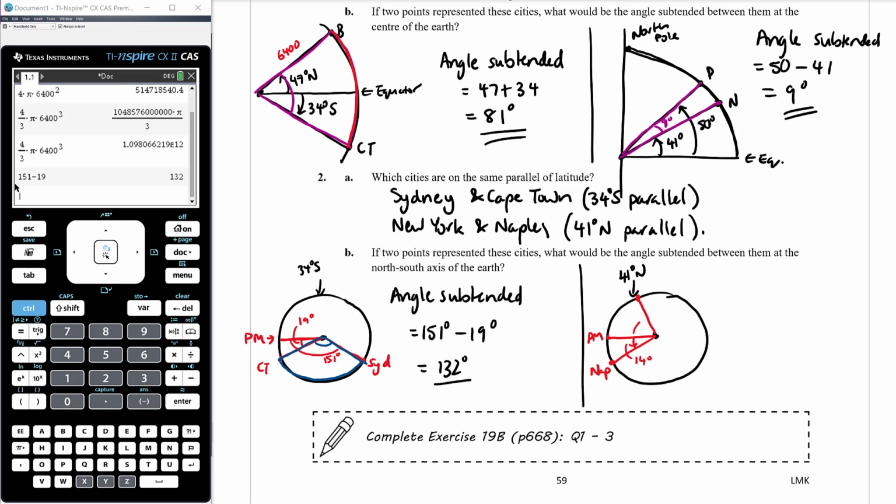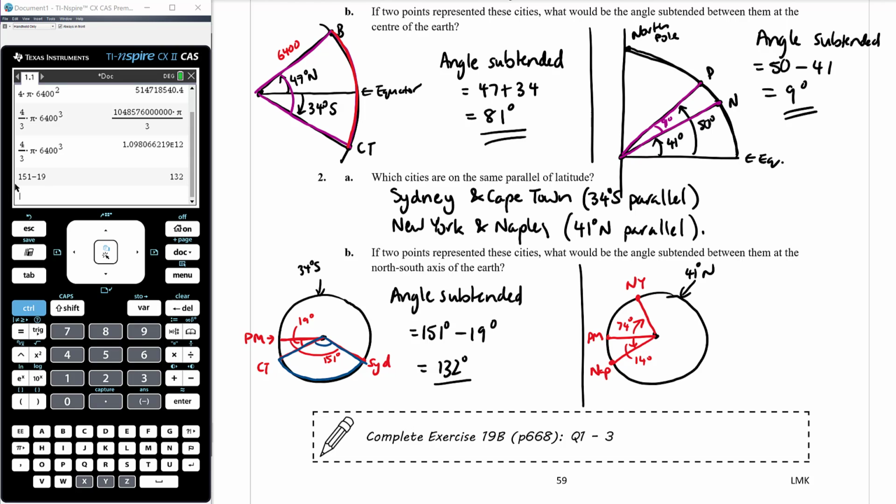Let me just get rid of that 41 out of our way. Alright, so this is New York. And that angle from the prime meridian around to New York in a westerly direction is 74 degrees.